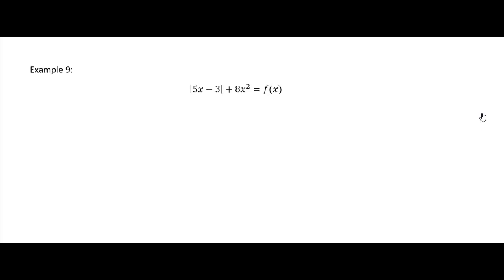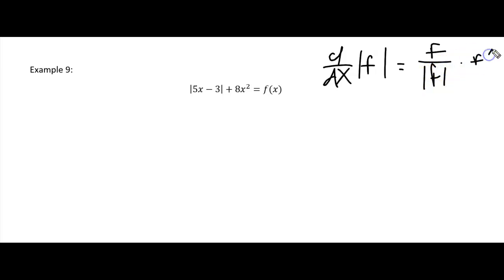We can use an old rule that we talked about a while ago. If you have the absolute value of f and you want to find the derivative of that, basically what you could do is just write f over the absolute value of f times the derivative of the inside. So that's our shortcut for taking the derivative of an absolute value function, and that's the one I'm going to use here.